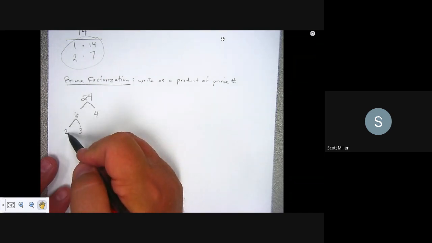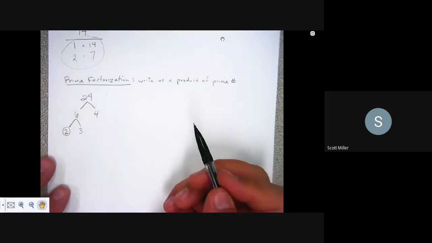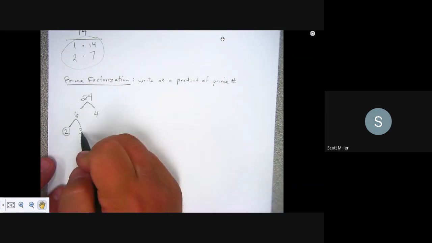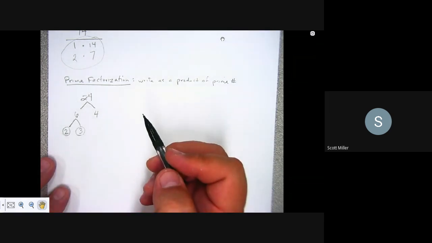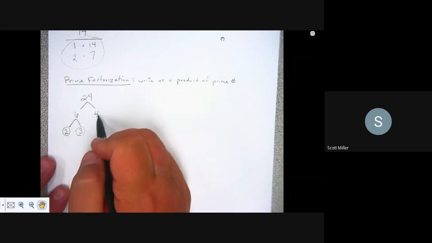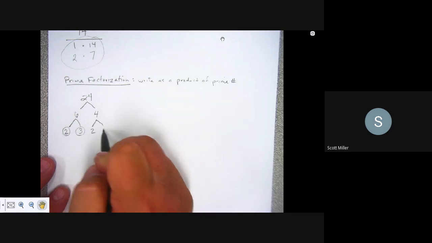Same question. Is 2 a prime number? If the answer is yes, you circle it. If it's not, you continue on, but it is prime. 3 is also prime. Now we still got to do this branch over here. So we go to branch for 4, and two numbers that multiply equal 4 are 2 and 2. And we've already established that those are indeed prime.